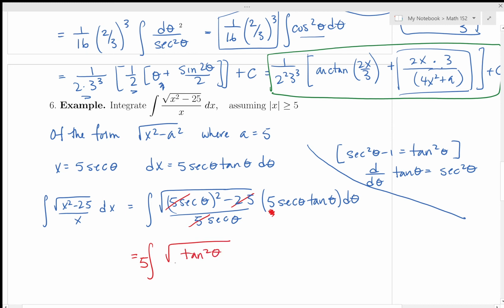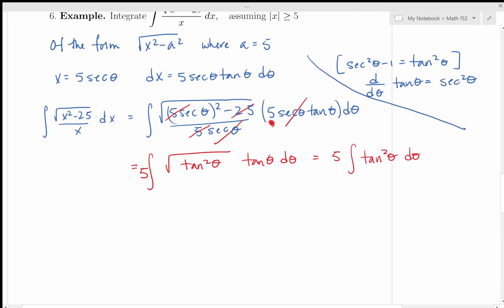And then in the denominator, I have this secant theta canceling with that secant theta, and I have an additional tan theta here, and then I have the d theta. And so things get nice now because the square root of the tangent squared is the tangent, so this becomes 5 times the integral of tangent squared theta d theta.